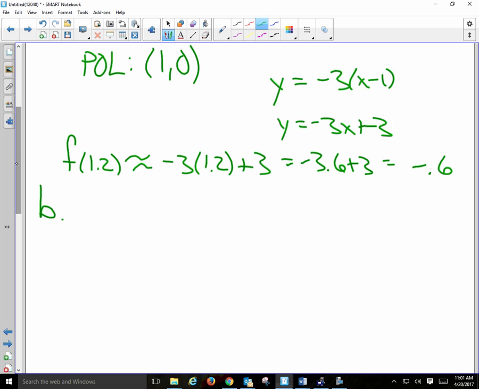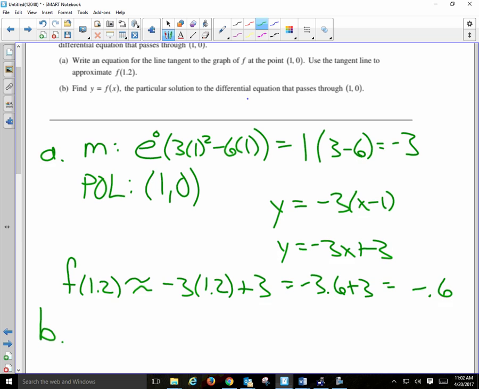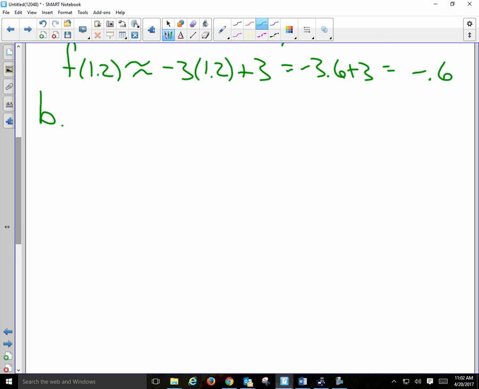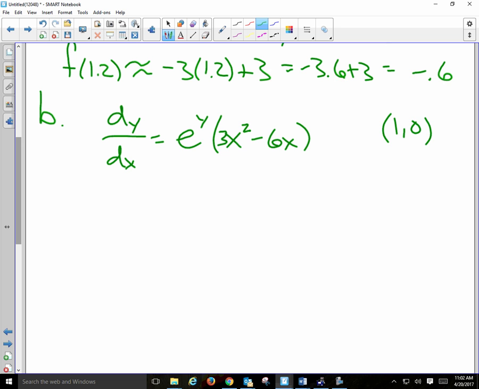Now B says, find the particular solution given it passes through 1, 0. So I have dy over dx is equal to e to the y times, what is it, 3x squared minus 6x. It passes through 1, 0. So let's see if we can do it. Separation of variables. Make it happen.